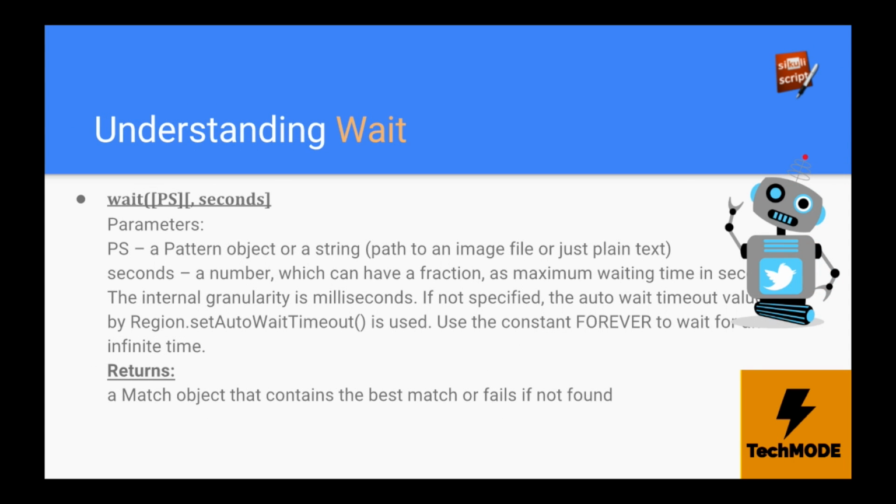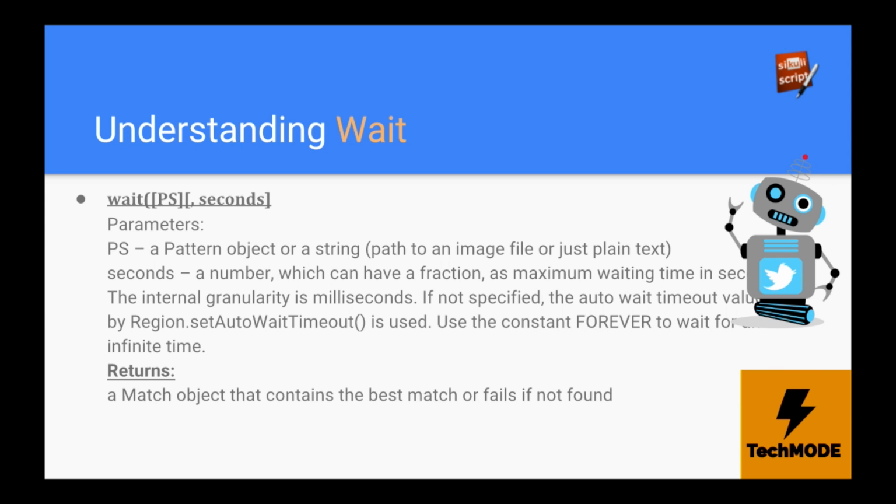The second one is understanding wait. Wait is a type of keyword used in Sikuli, where we are waiting for a certain image or an area. Till then Sikuli is going to wait for it. Usage is very simple. It takes a PS, a pattern, or it can be a string.